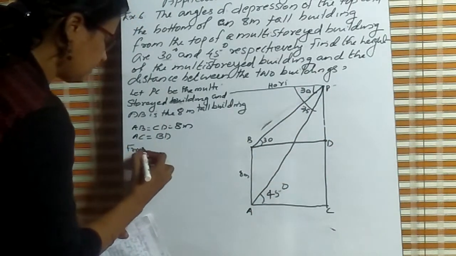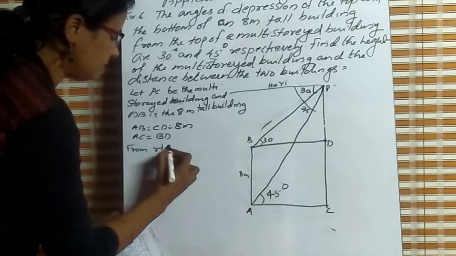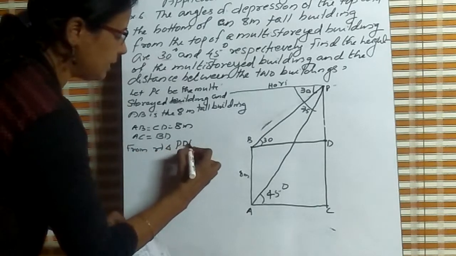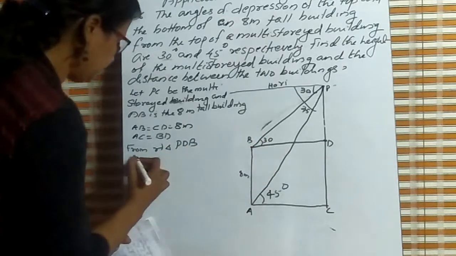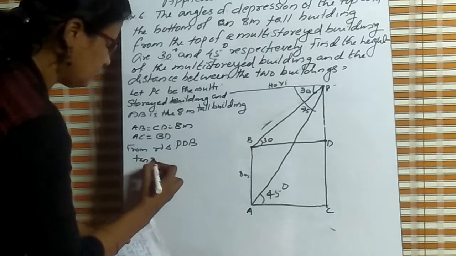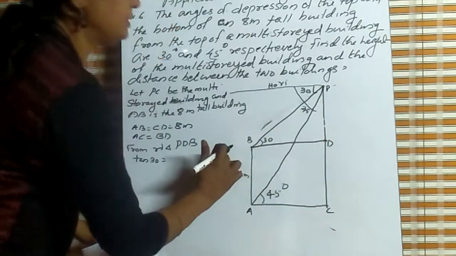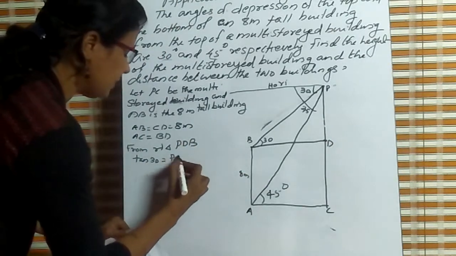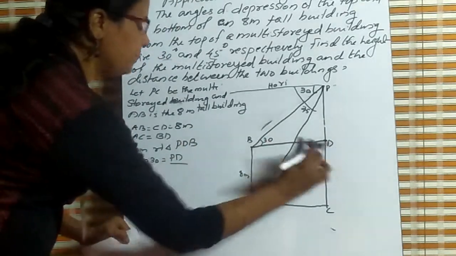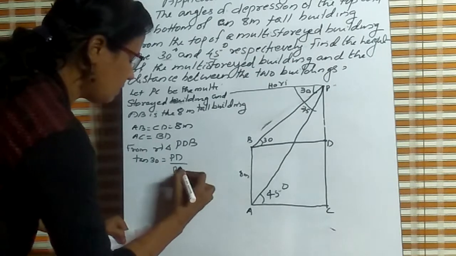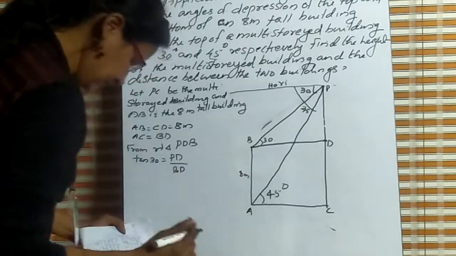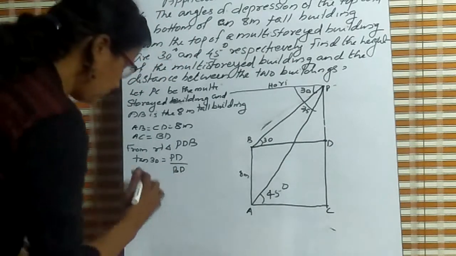From right triangle PDB, what is tan 30? Tan 30 is equal to opposite side by adjacent, PD by BD. What is the value of tan 30? Tan 30 is 1 by root 3.